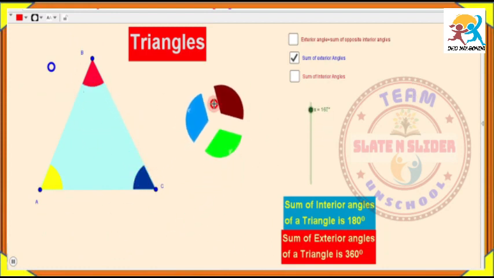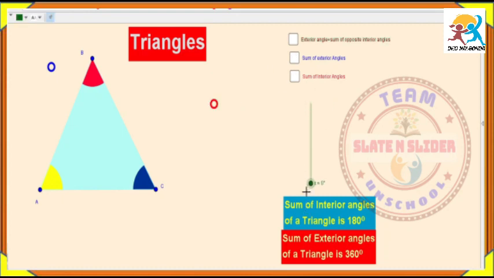Just observe, these three sectors formed a circle. So from this we can conclude that the sum of the exterior angles of a triangle is 360 degrees because it is a circle. In a circle the angle at the center is 360 degrees.